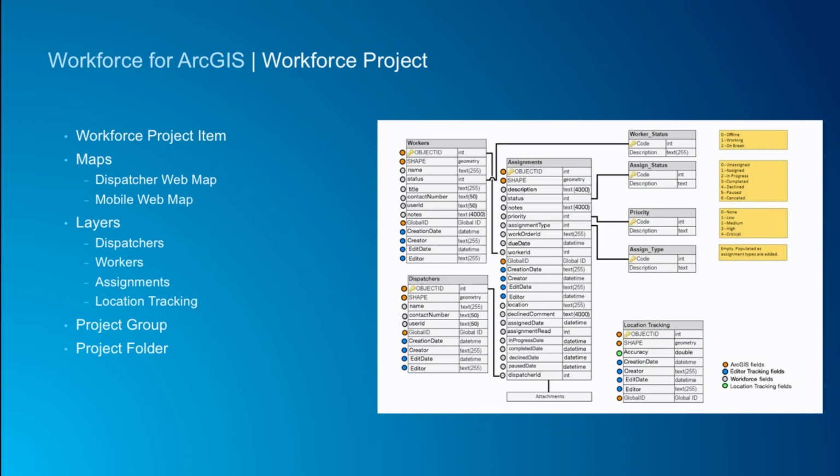And the way that we do that is we've defined a well-known schema for Workforce. So this is what the schema is for Workforce right here. The project that Aaron created where he assigned the types, the way that he was able to know what the schema is for the workers is by looking at this schema diagram. Now this is fully documented and available online. It's in our help. We describe to you exactly how to create assignments, what fields should be populated.